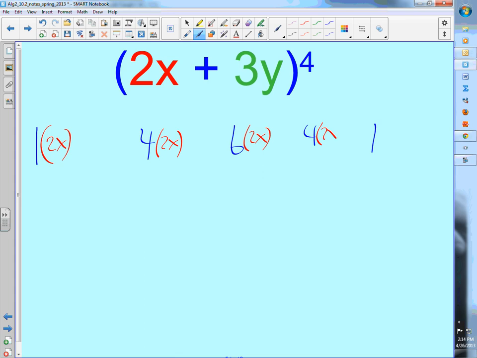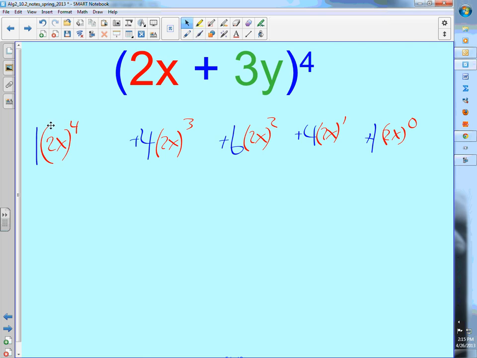2x, 2x, and 2x. Over the years, I've had a few people forget to put parentheses around this, so that the only thing that got the power was the x. And it went 4, 3, 2, 1, and 0. These are all pluses.